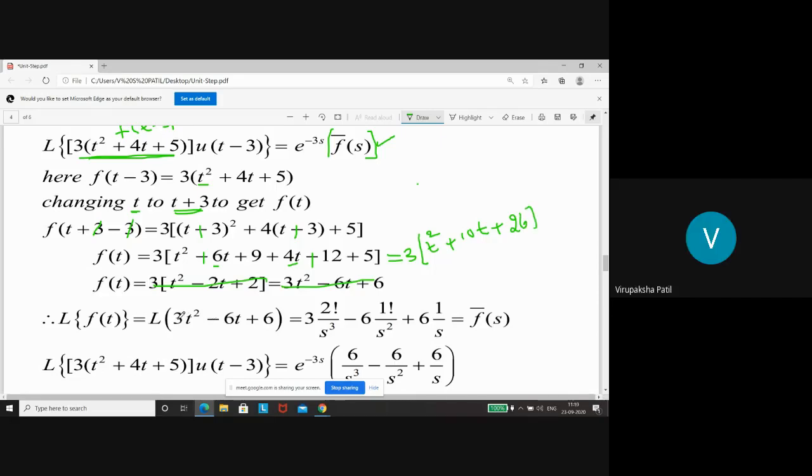Okay, therefore apply Laplace, take this 3 inside, so it becomes. Please don't worry about this, we have gone wrong here.